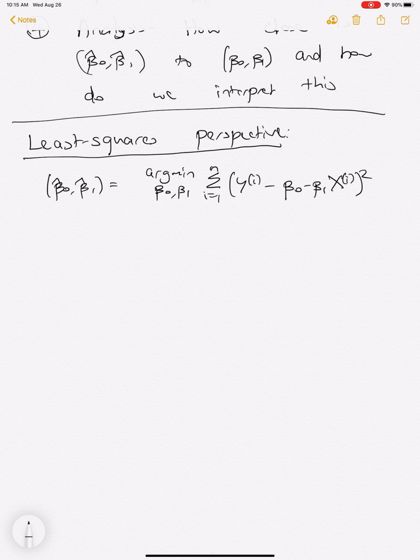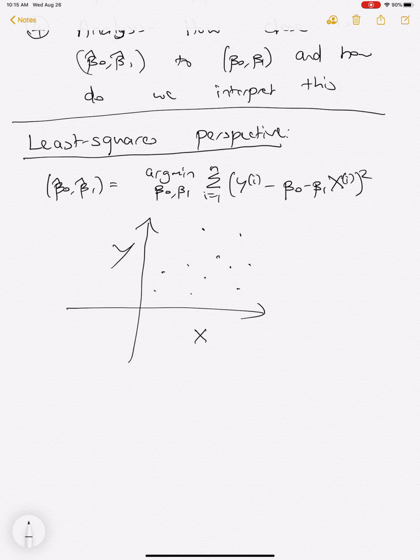And so the way to think about that is that you observe your data, X and Y, and let's just say you have your endpoints that sit somewhere like that. That's your data. So each of these points is just an xi, yi.